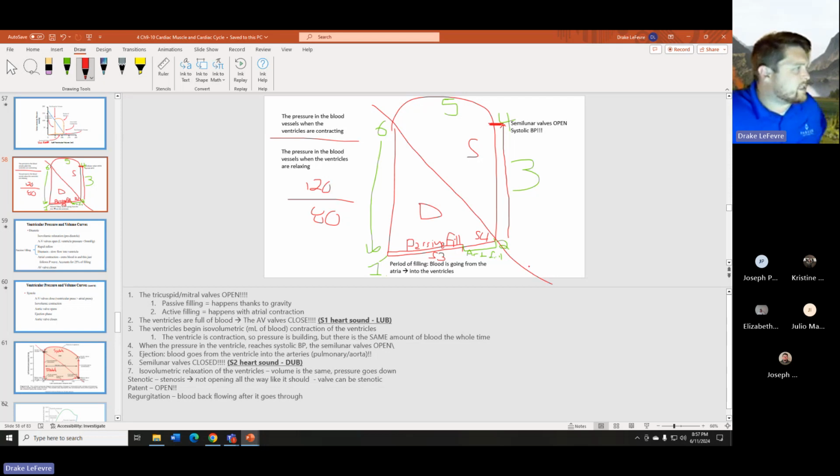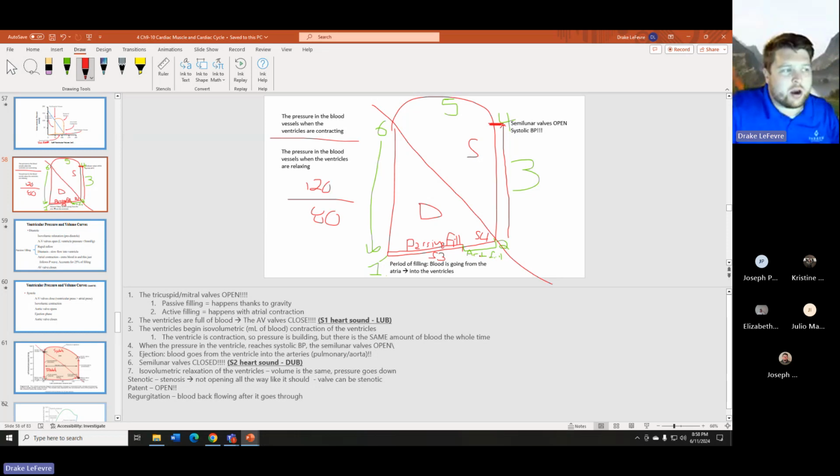But what's happening with the filling, sometimes the heart, in two cases. One, either the heart is still developing. If the heart is still developing, like in children, a lot of times you can hear an S3, and that's completely normal. But as you get older, your heart isn't as compliant, meaning that it doesn't have the same squish, the same give that it should have.